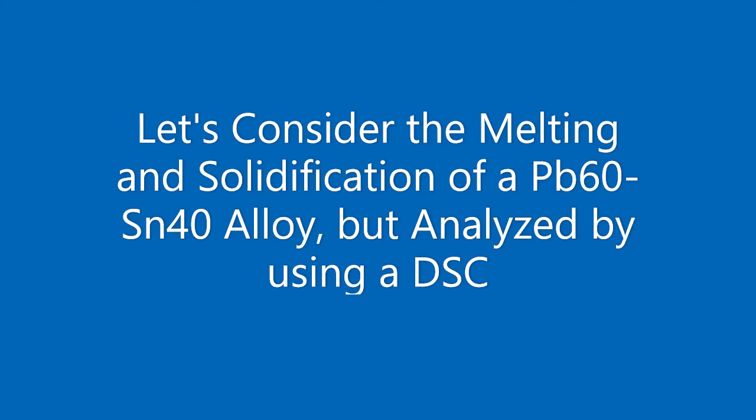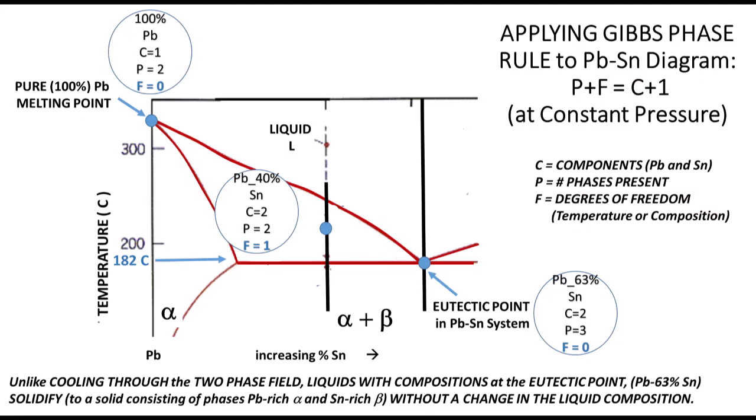Now let's consider the solidification of an alloy that's off the eutectic composition, in this case to a higher lead content. As the cooling begins from the liquid state, we transition through the liquidus into a two-phase region involving liquid and solid.